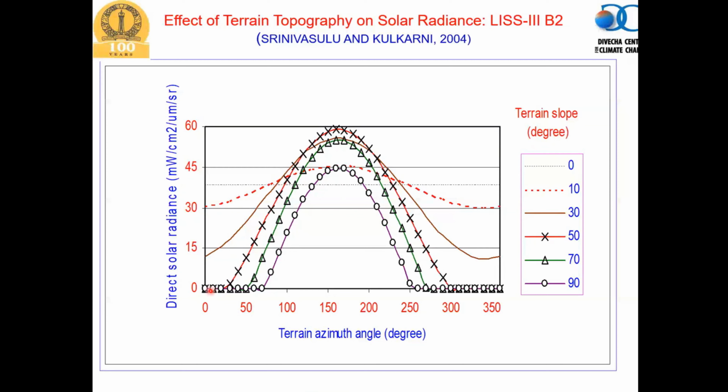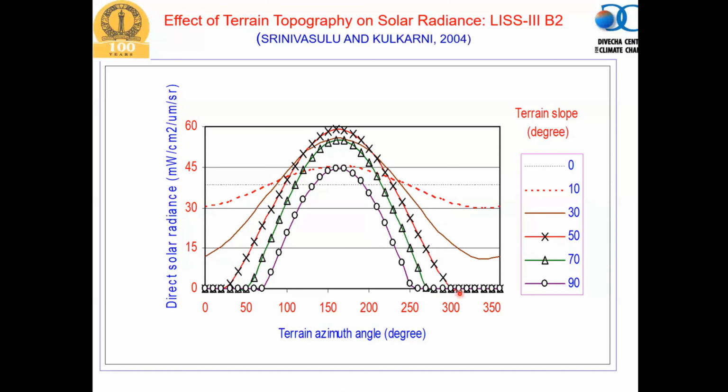So this remains in mountain shadow for a 90 degree slope until it comes to almost 60-70 degrees from north. And then as you move up, it goes up to 45, then it comes down, and again it comes under the mountain shadow.